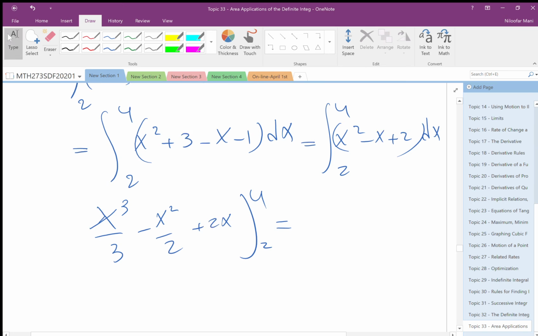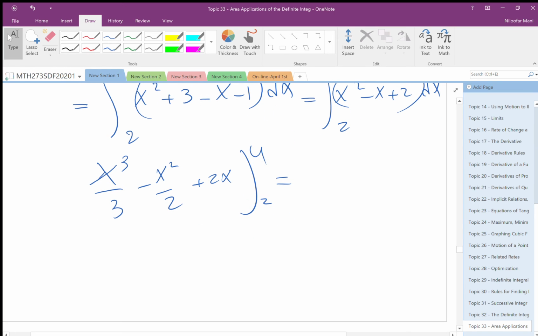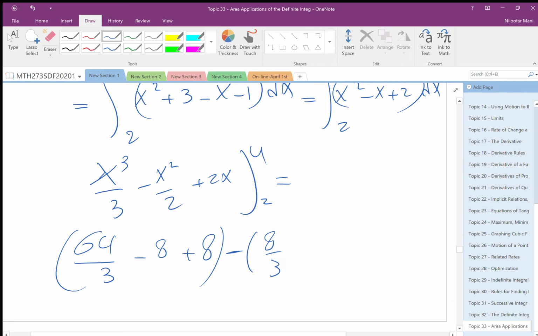Okay, so first you put 4, so it's 64 divided by 3 minus 16 divided by 2, which is 8, plus 8, right? Because it's 2 times 4, minus 8 divided by 3, minus 2, plus 4, right?